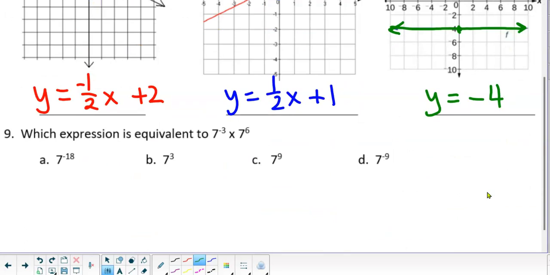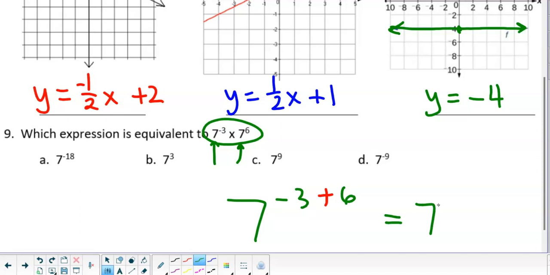The next question asks you to simplify this expression. When you multiply like bases, you keep the base the same, and you add the exponents together. So we're going to add negative 3 plus 6, and that's going to give us 7 to the 3rd power.